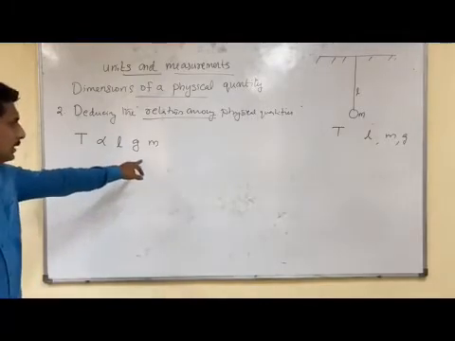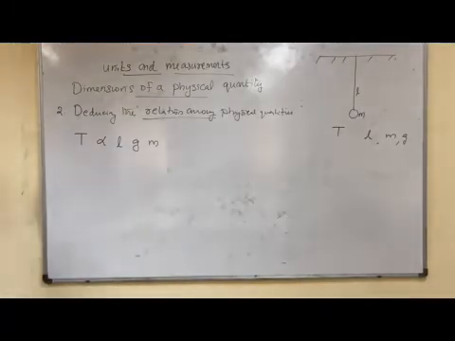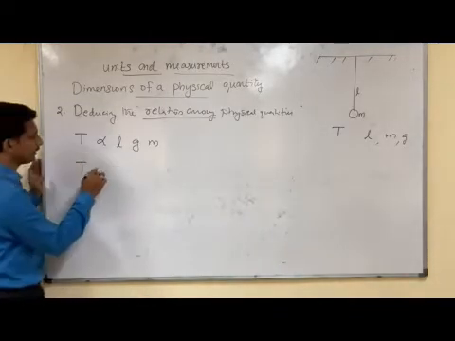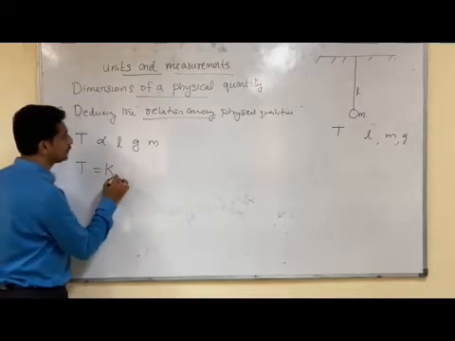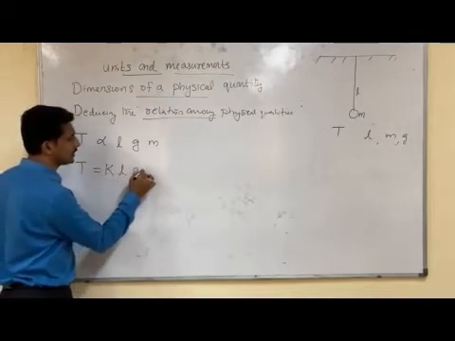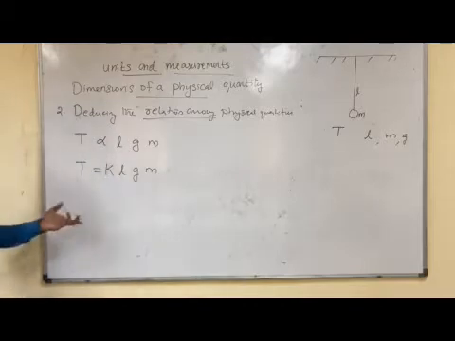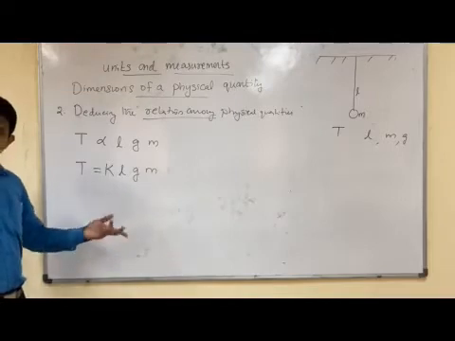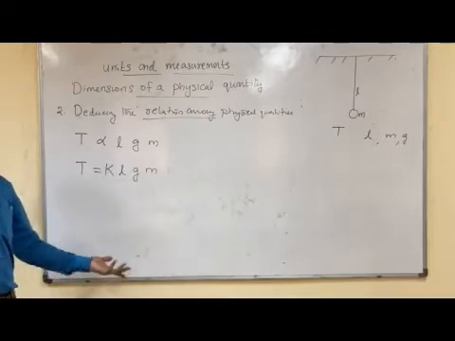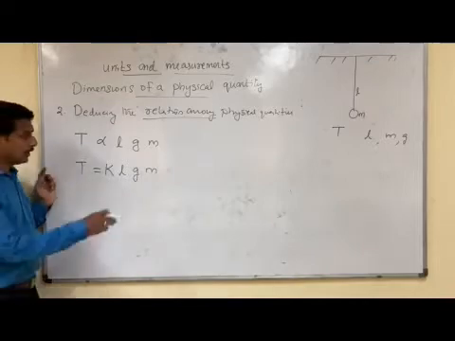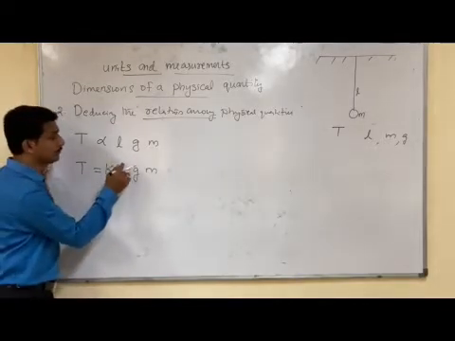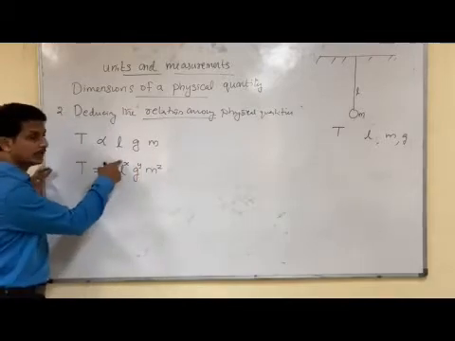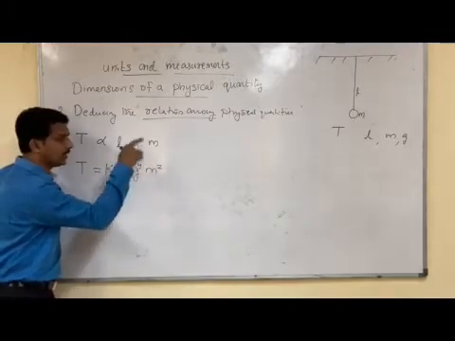So T is proportional to L, g, M. Removing the proportionality sign with a constant k, T is equal to k times L, g and M. We have already seen that dimension means expressing a physical quantity in terms of basic quantities and their powers. Here the powers, the exponents, are unknown, so we keep unknown quantities x, y, z: L raised to x, g raised to y and M raised to z.